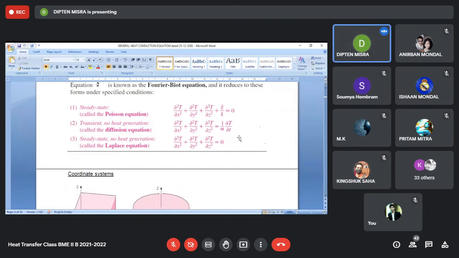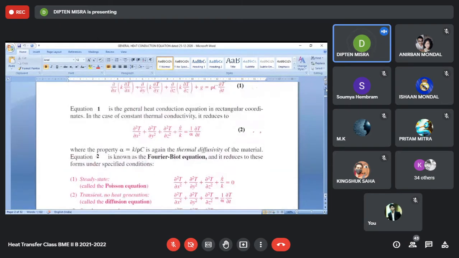So given a condition at the initial state, how it varies subsequent to that initial state, the temperature can be derived.